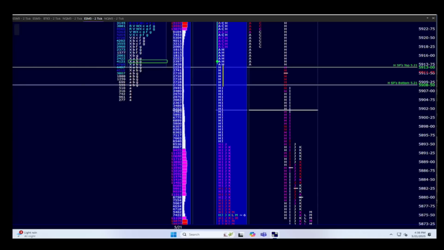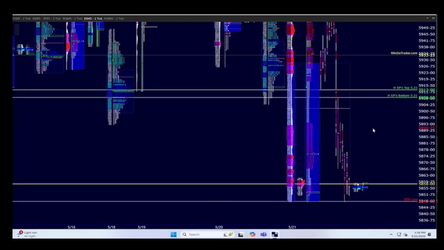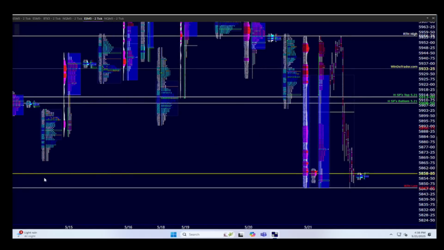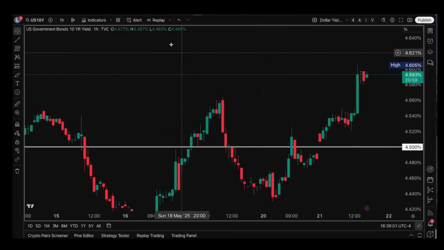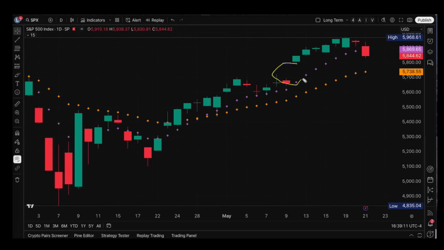Now, one thing that I think is important to keep in mind, we had a very stretched market. If we go back to the SPX, we had the large gap from last week that remains completely unrepaired. So at no point last week did we see any attempt to repair that structure.